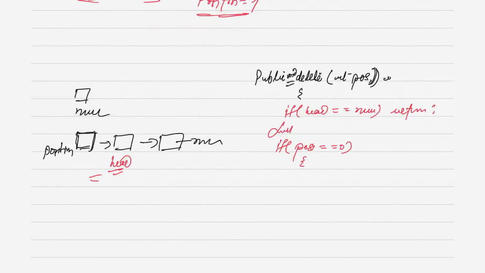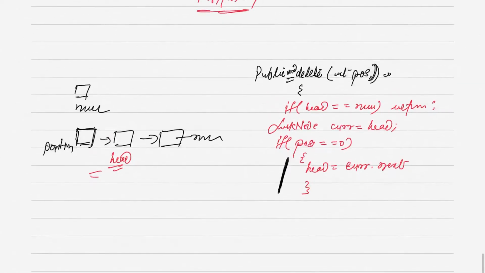Suppose you declare one variable, Node current equal to head. What we are asking is head equal to current dot next. It's pretty simple. Third scenario, what could it be?